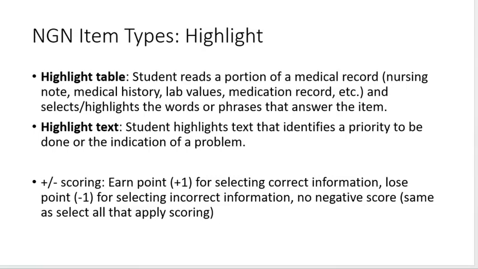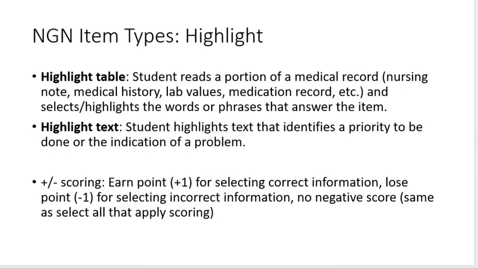We're going to wrap it up with 2 next generation NCLEX item types, so 2 newer questions that were recently added to the NCLEX. First one's the highlighting. So you might be asked to highlight information in a table or text. So for example, with a table, you might get a medical record, nurse's notes, lab values, whatever it may be, and the instructions will ask you to select or highlight words or phrases that answer the question that's being asked.